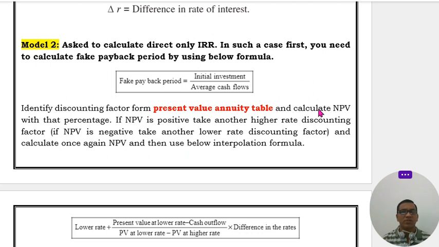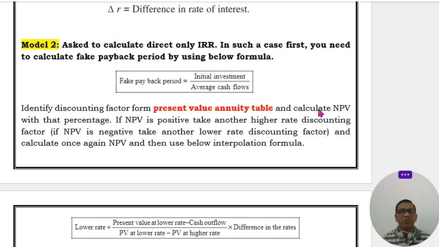For example, if the project is for 5 years, check the 5th year row. In the fifth year row, the rate of return nearest to your fake payback period, we will consider as our assumption, and we will calculate NPV at that rate of return. And again we will calculate one more NPV at another rate of return.